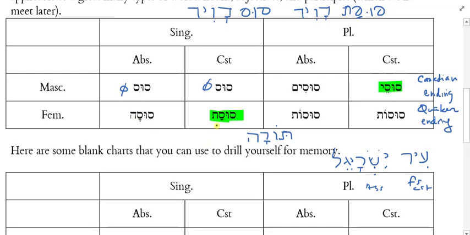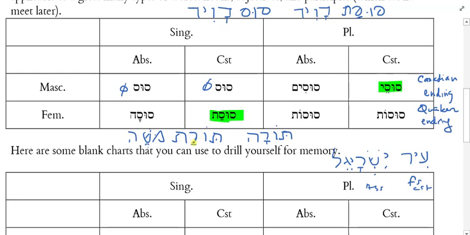Exactly. The ah becomes at. So Torah becomes Torat. So Torat Moshe. Okay? That would be the Torah of Moses.